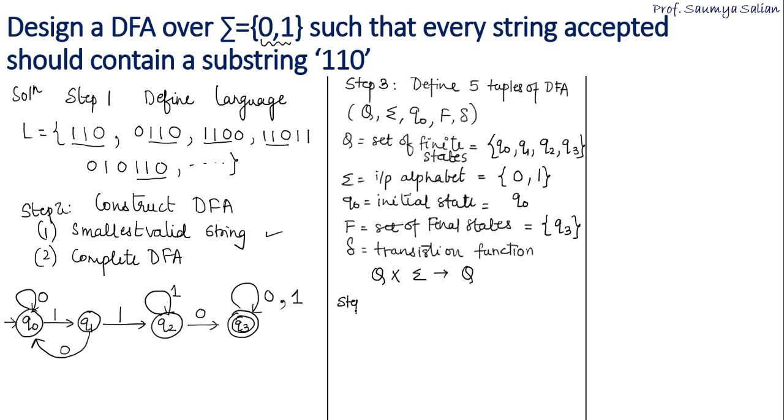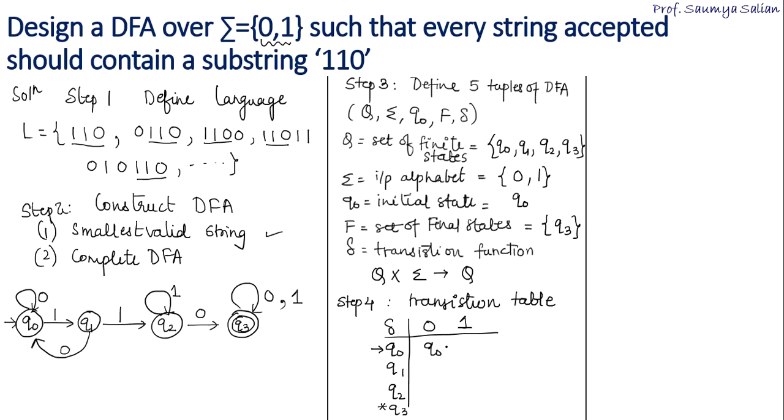Next step, step 4, is to construct the state transition diagram, the table. Let's start. I have input 0 and 1. This is my delta function for the states Q0, Q1, Q2 and Q3. Q0 is my initial state, Q3 is my final state. Q0 on 0 goes where?